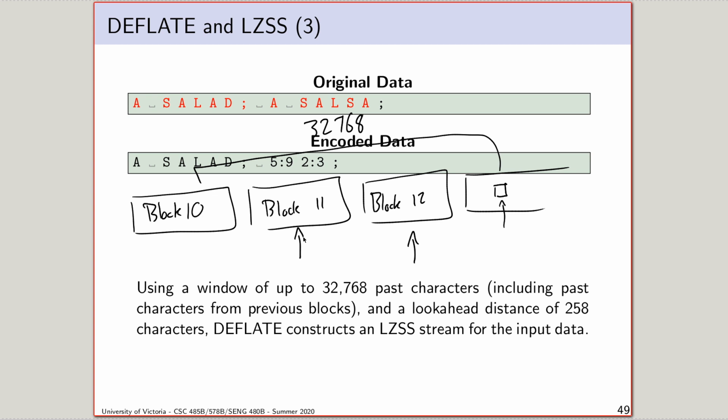The look-ahead distance is 258, strangely. I know, again, that's an arbitrary number. So it uses a sliding window of this number of history characters and this number of future characters to construct this LZSS stream full of literals and back references.